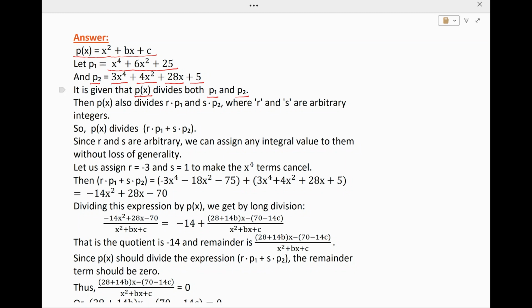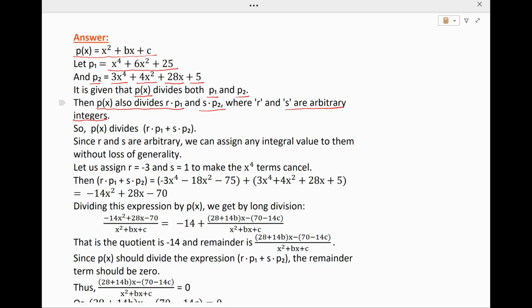Since P(x) divides P1, P(x) also divides R times P1, where R is any arbitrary integer. Similarly, since P(x) divides P2, it also divides S times P2, where S is another arbitrary integer.